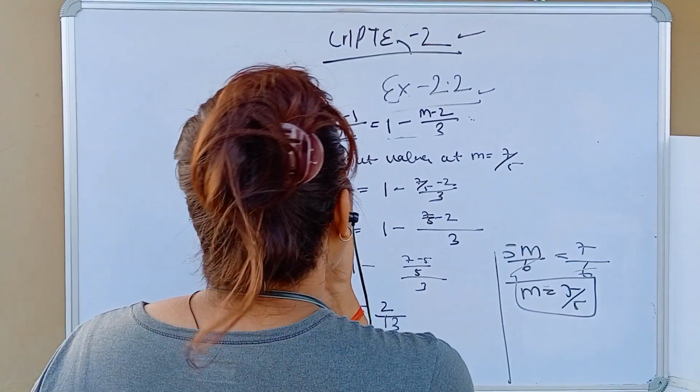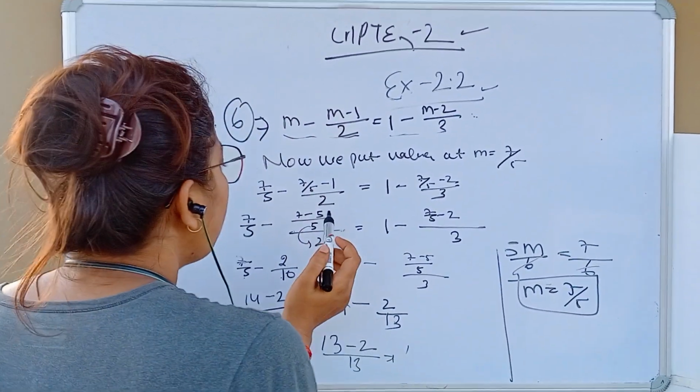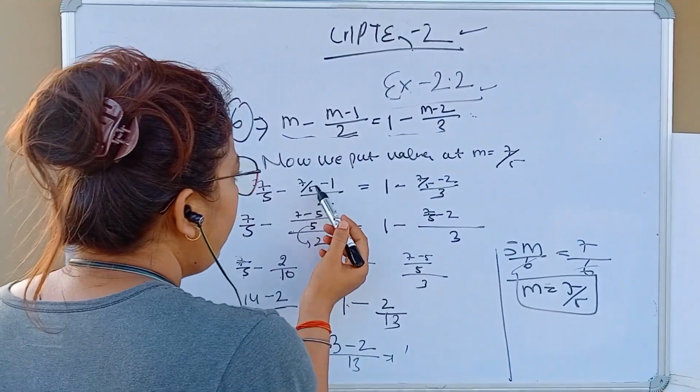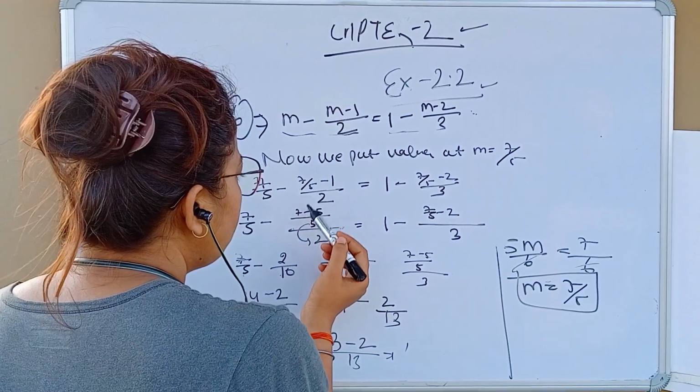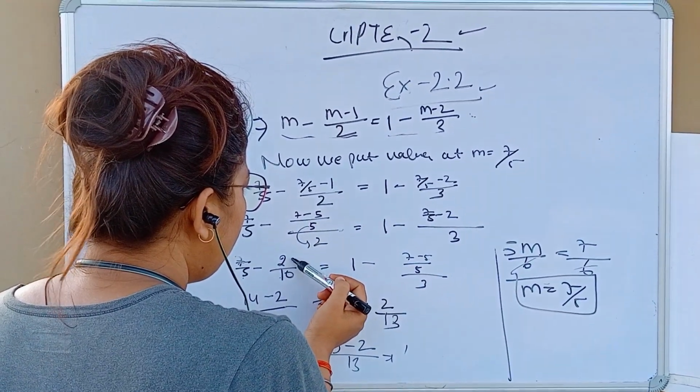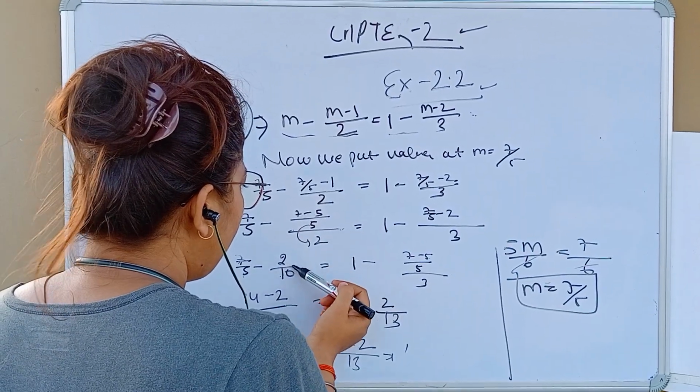I did something wrong. Let me redo it: 7 by 5 minus 1 divided by 2. Take 5 minus 7, 7 minus 5 is 2, 2 times 5 is 10.